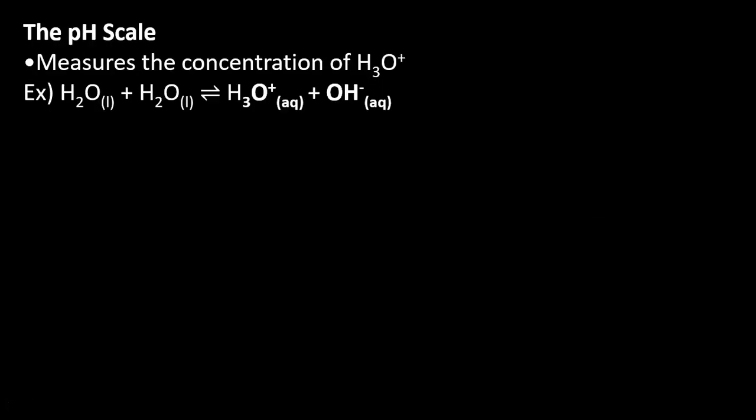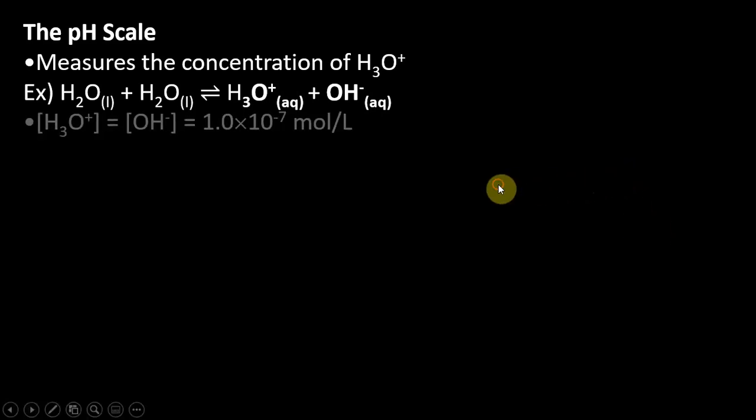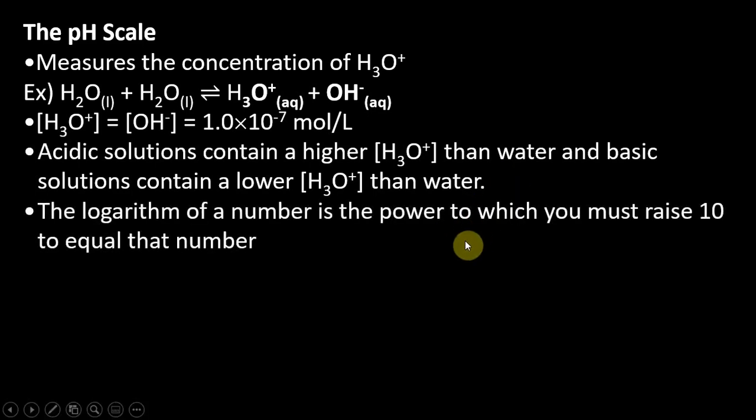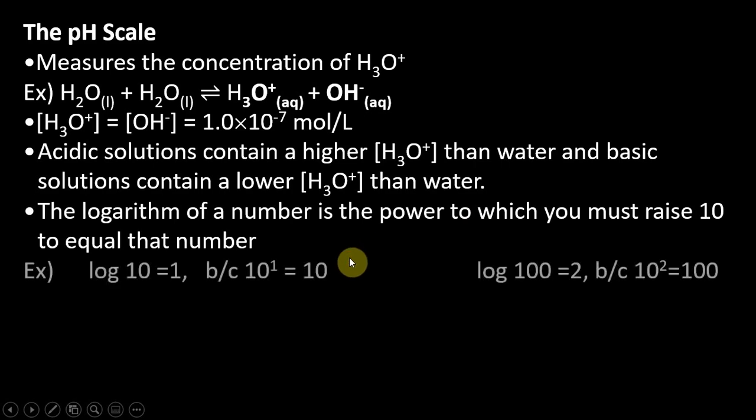All right, so the pH scale measures the concentration of the hydronium ion, and it's based on the negative log of the concentration of the hydronium ion, or hydroxide ion for the pOH scale. This is just kind of an outline of the logarithms and how they work.